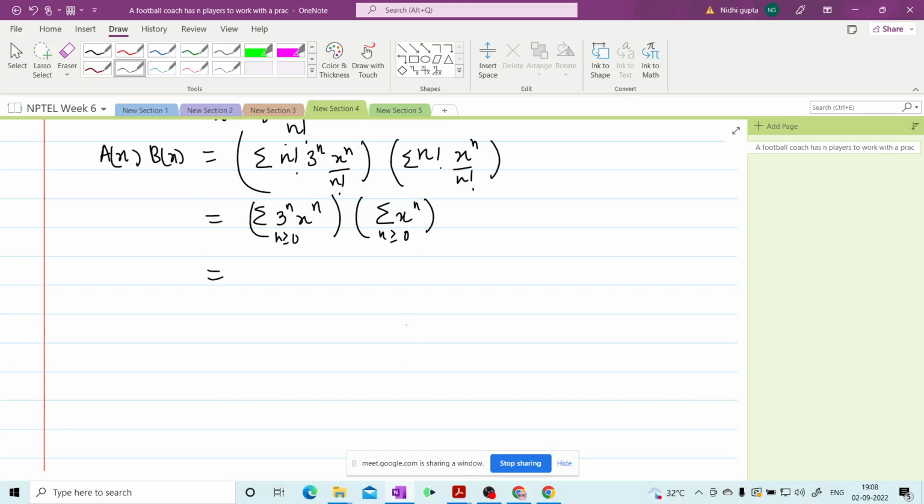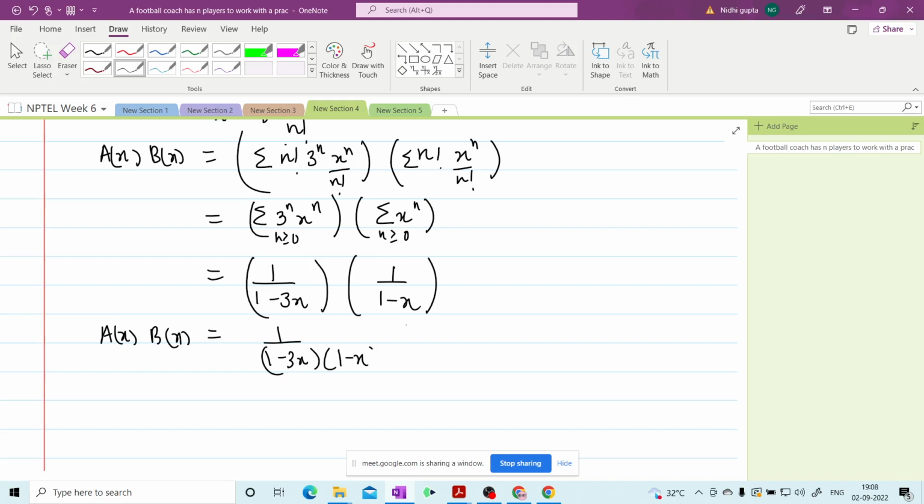And this is again a GP, which is 1 upon 1 minus 3x, and this is again a GP, which is 1 upon 1 minus x. Now we have this Ax Bx.